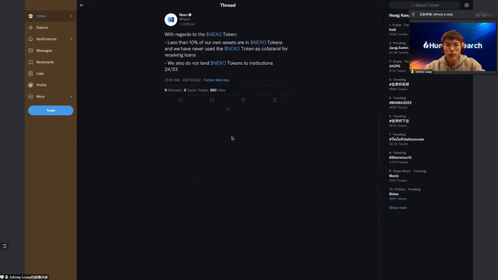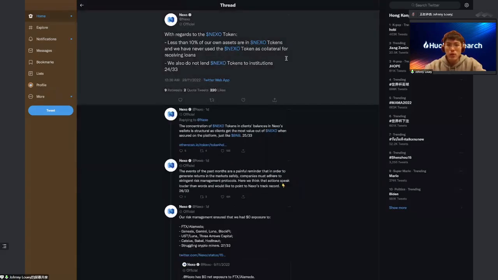First of all, they say that they do not lend their Nexo tokens to other institutions, nor do they take the Nexo tokens as collateral for receiving loans. That's pretty good because what we saw in the FTX event is that FTX used FTT as collateral. Alameda borrowed money from FTX using FTT as collateral, and that is actually an illiquid asset.